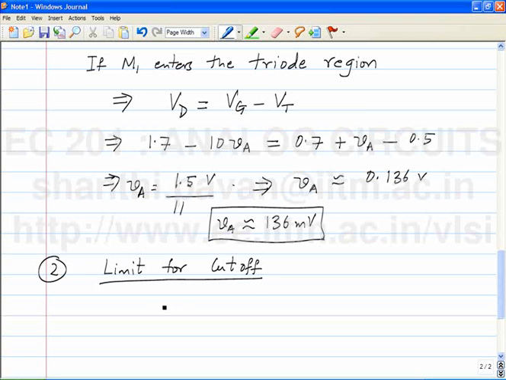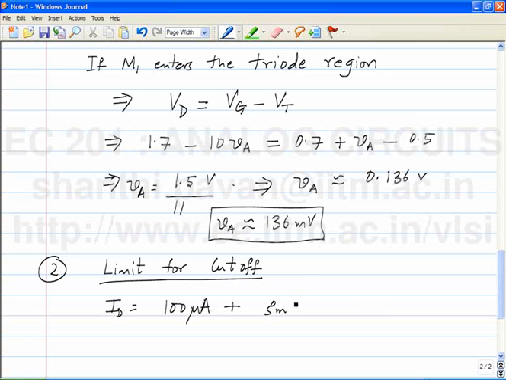The drain current of the transistor is ID, which is 100 microamperes, plus the small signal component. And what is the small signal component? GM, which is plus GM or minus GM? Plus GM.